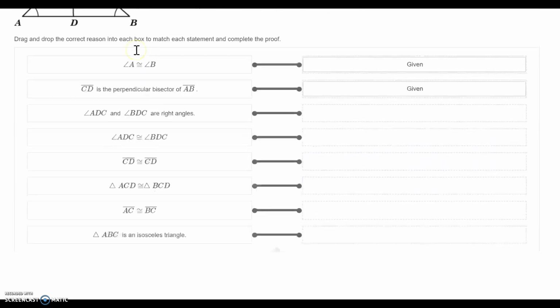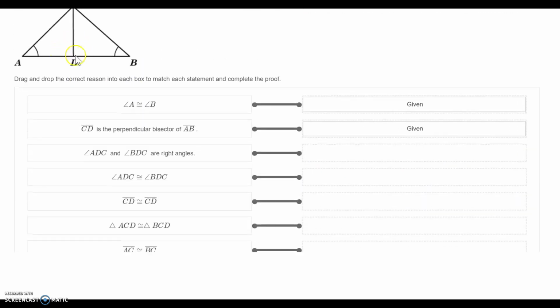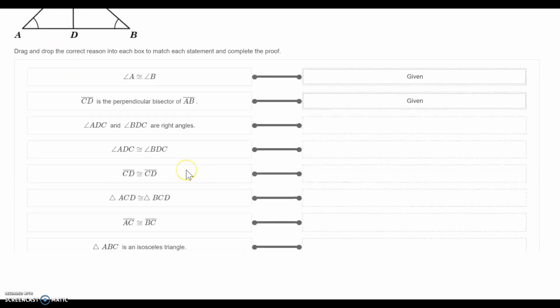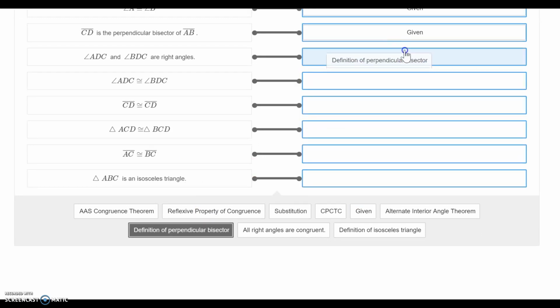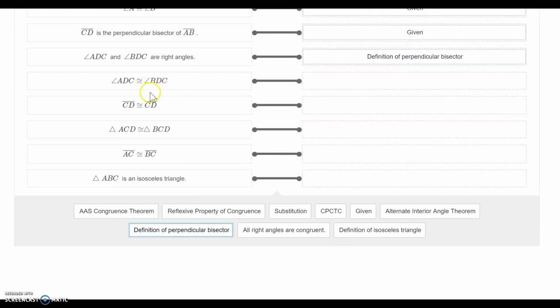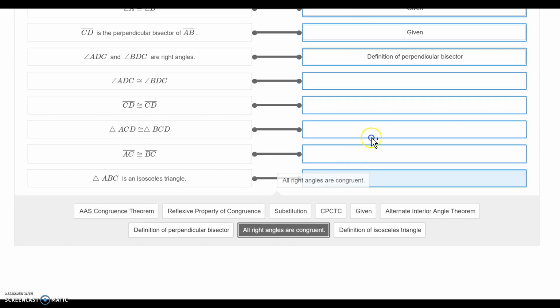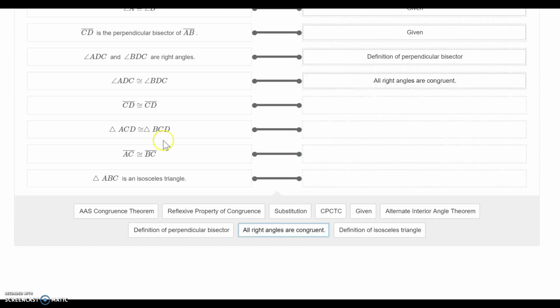Now we know that these two angles here, since this is a perpendicular bisector, are both right angles. And that is the definition of a perpendicular bisector. And we know that they are congruent to each other because when you have a perpendicular bisector it makes right angles, and all right angles are congruent.